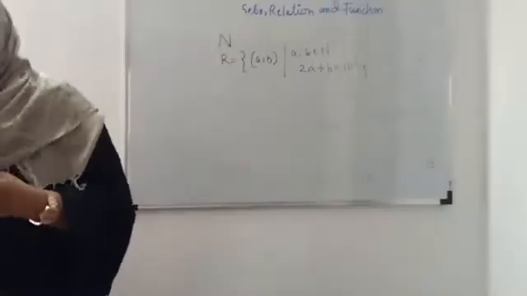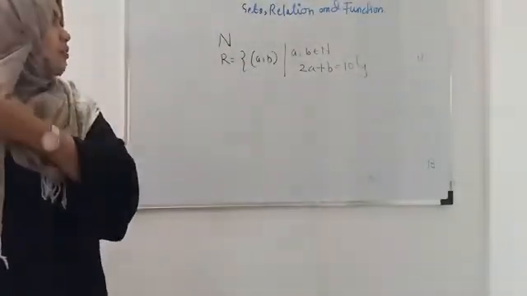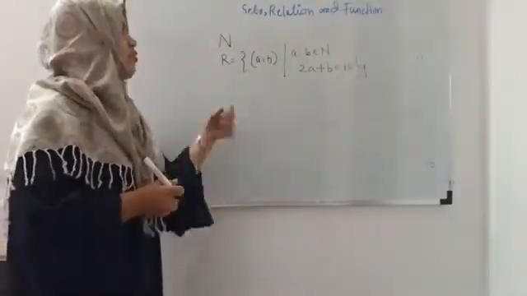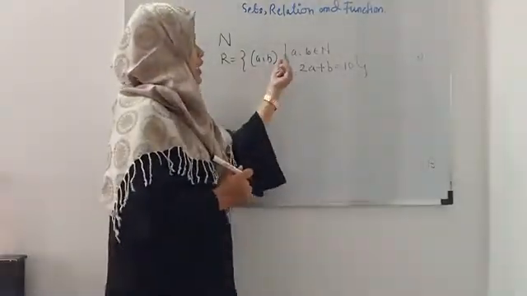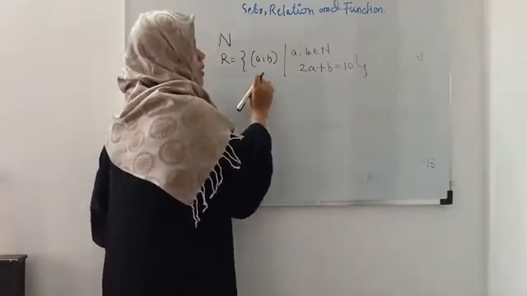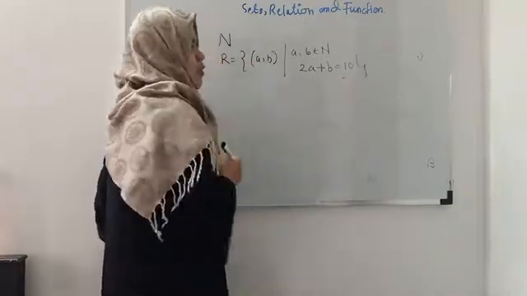We have to check whether R is a binary relation on N or not. First of all, we need to find the elements of R. Here the condition is that (a, b) belongs to the natural numbers and it belongs to this relation if and only if it satisfies this equation.